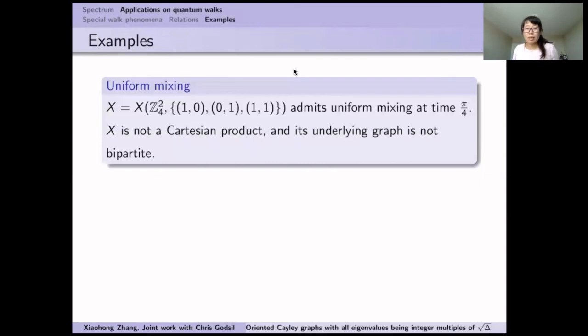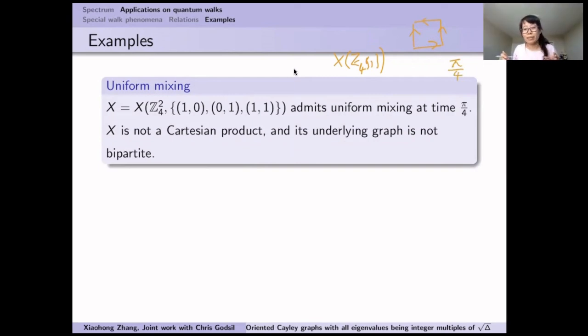Now let's see some concrete examples. This is the oriented four-cycle. It admits uniform mixing at time pi over 4.